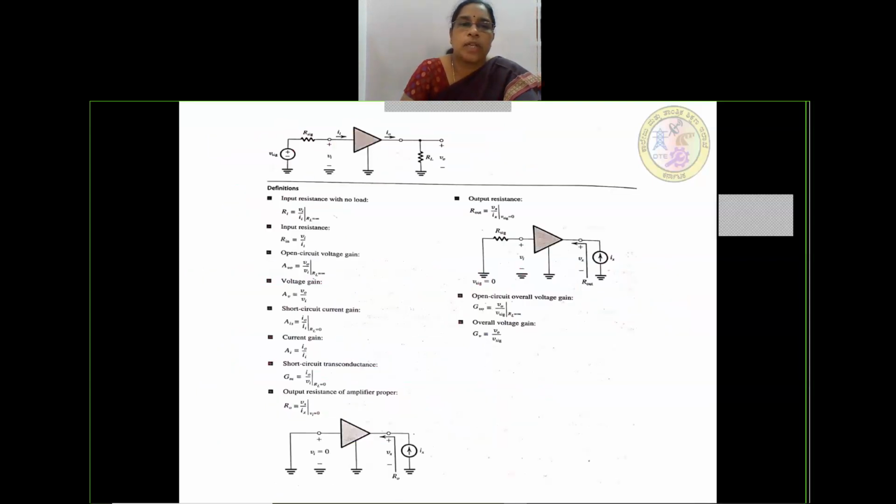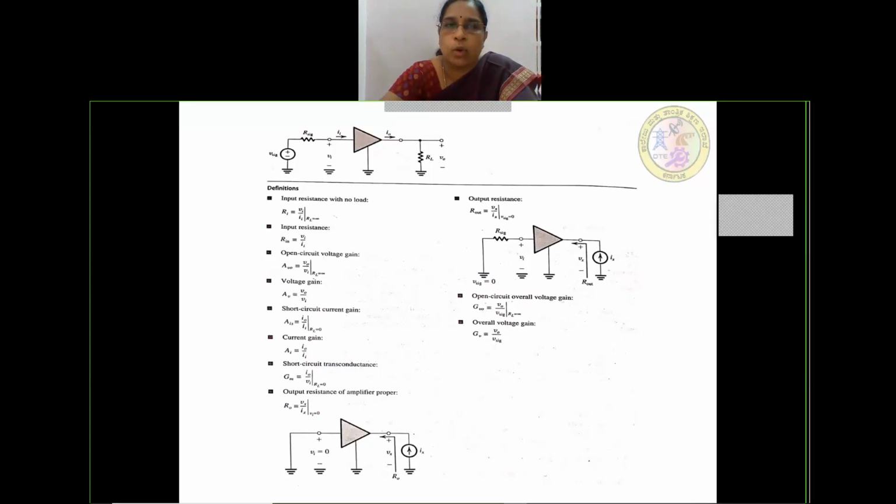Here we have some important definitions corresponding to this amplifier functional block. This is our reference circuit, which shows all the related parameters like V signal, R signal, as well as Vi, V naught, input current, output current, and load resistance. Here we have a set of definitions, like input resistance with no load.